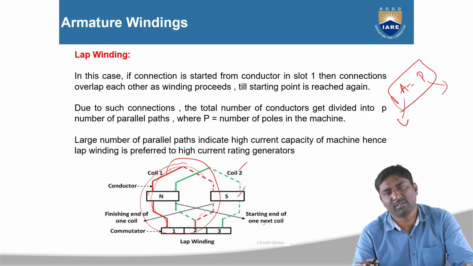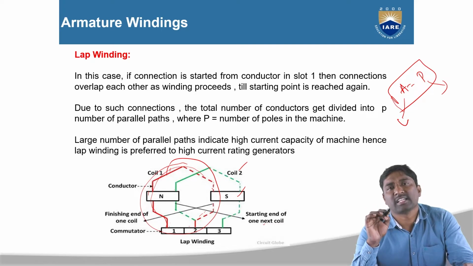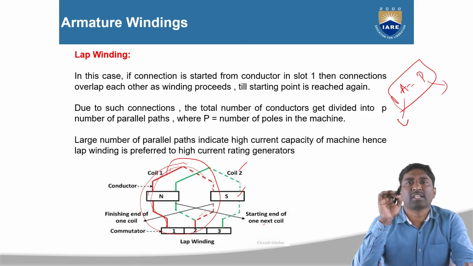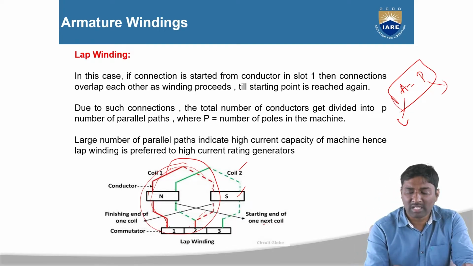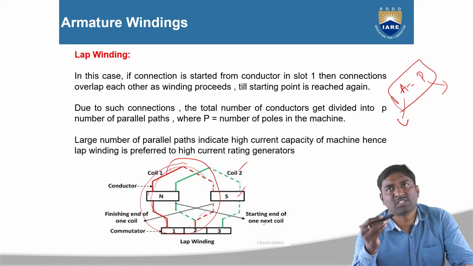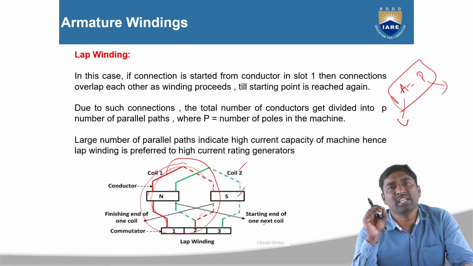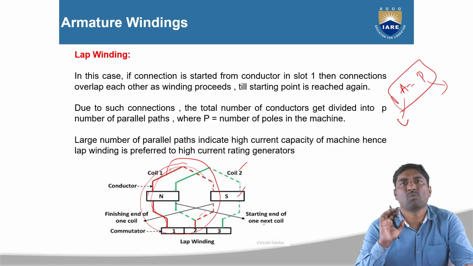This lap winding connection diagram is used for high current rating and low voltage rating generators. Because the number of parallel paths is equal to the number of poles, it indicates high current capacity of the machine. That's why lap winding is preferred for high current rating generators only. This is about lap winding.